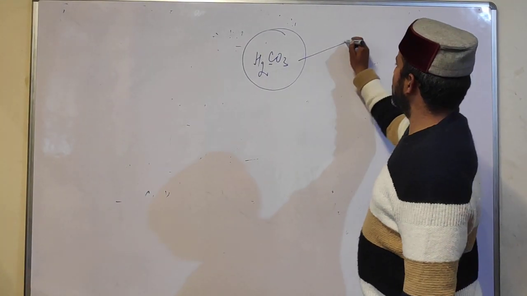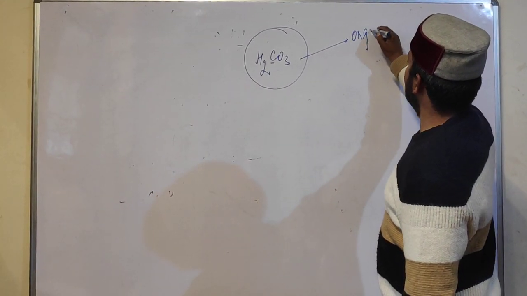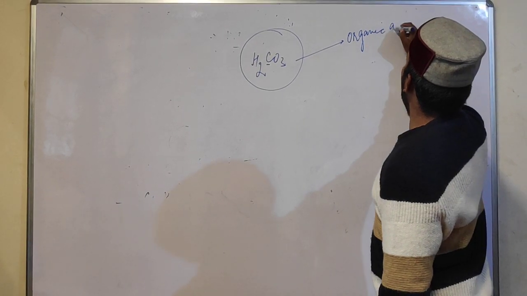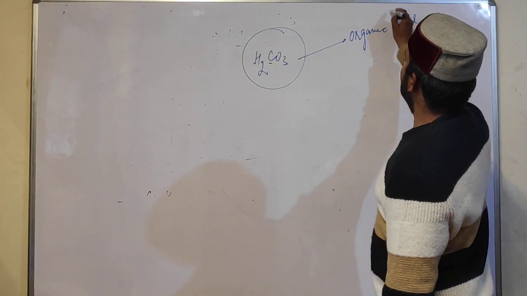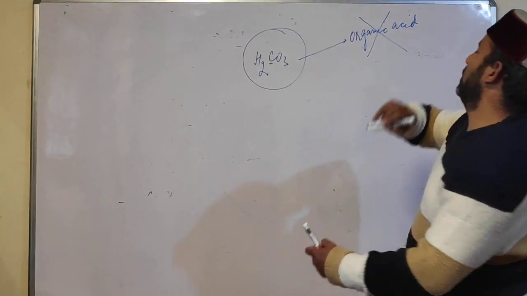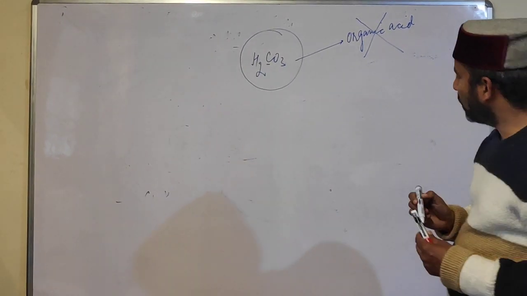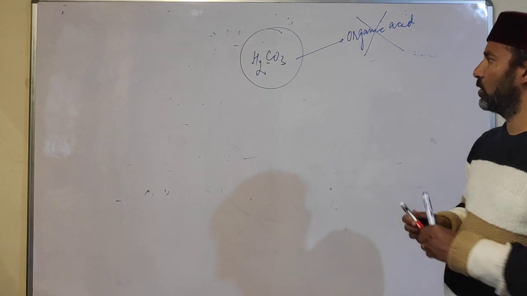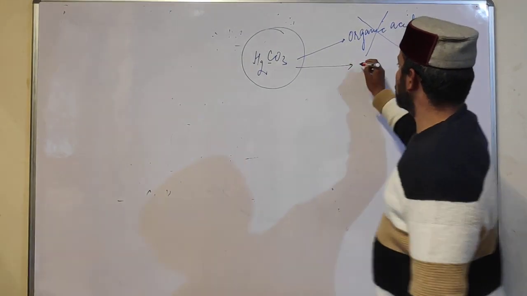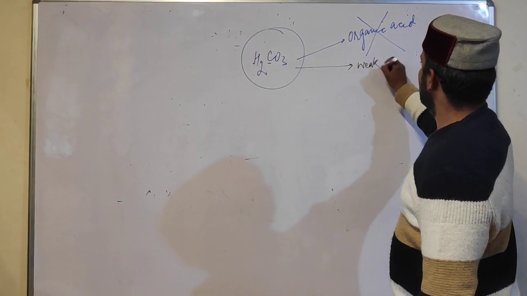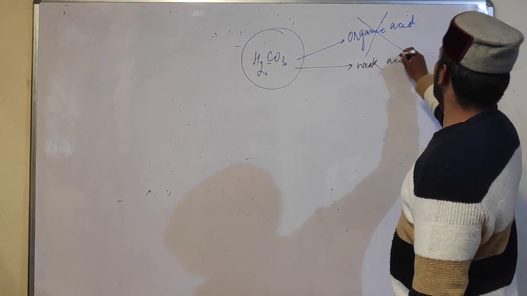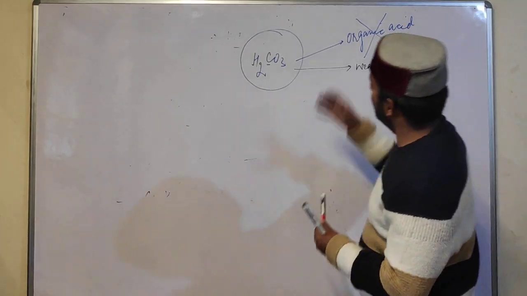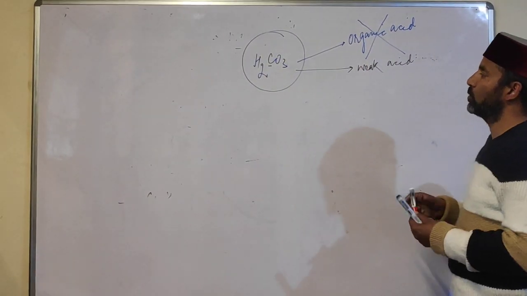So बहुत से स्टूडेंट्स को लगता है कार्बोनिक एसिड एक ऑर्गेनिक एसिड है, but let me tell you students, this is not correct to say that carbonic acid is organic acid. Though it is a weak acid, बट फिर भी हम इसको ऑर्गेनिक नहीं बोल सकते. जबकि इसमें कार्बन भी है, फिर भी ऑर्गेनिक नहीं बोल सकते.